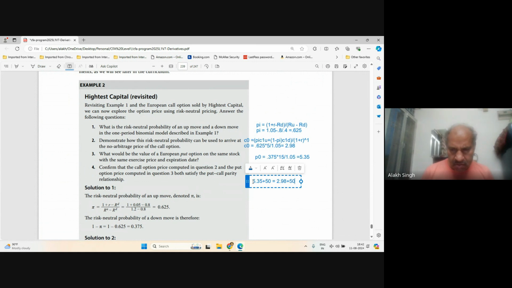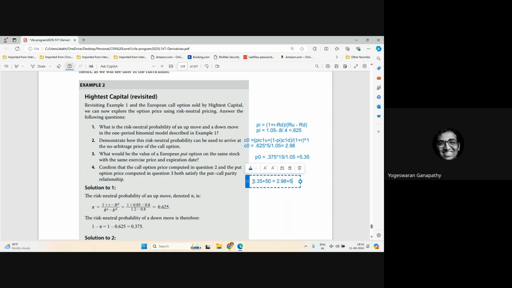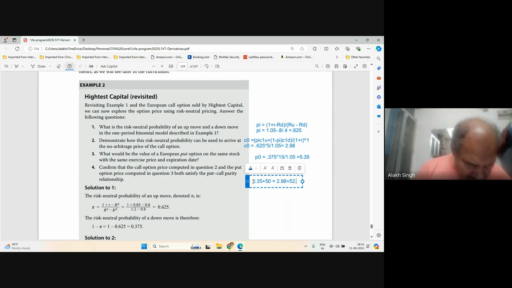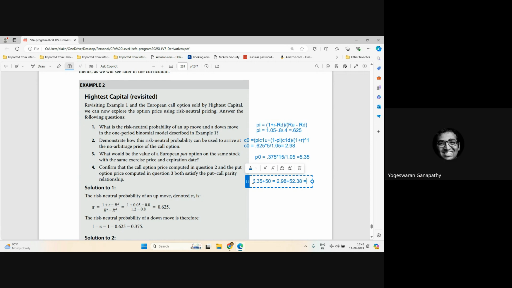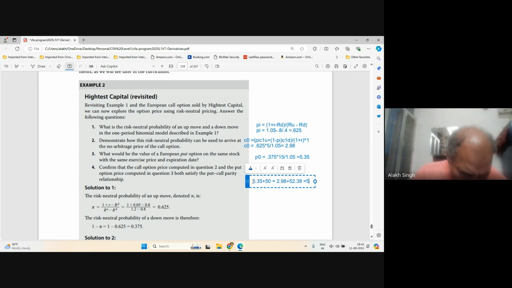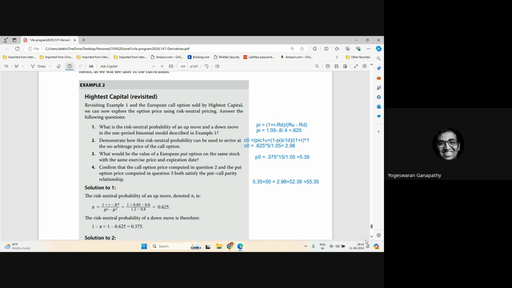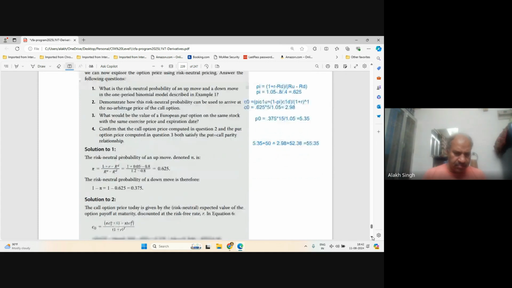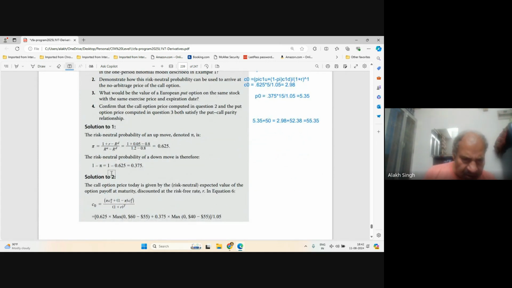So we get both equal to 55.35. That's satisfying, so our answer is correct. Let's see what the book says. The book says 0.735 is the 1 minus pi, and pi is 1. Correct. What about 2?